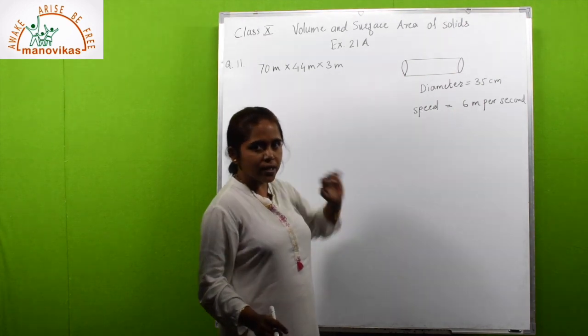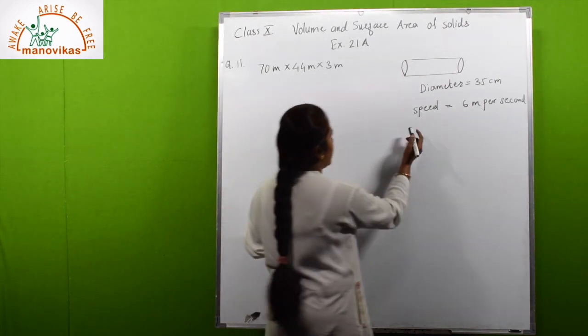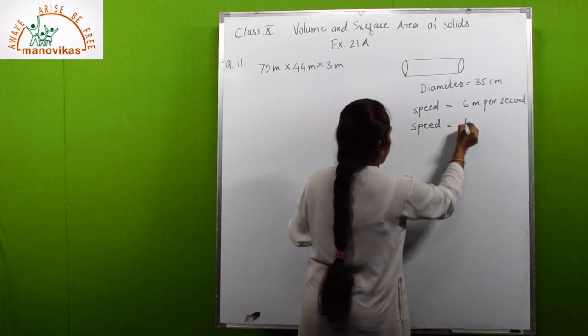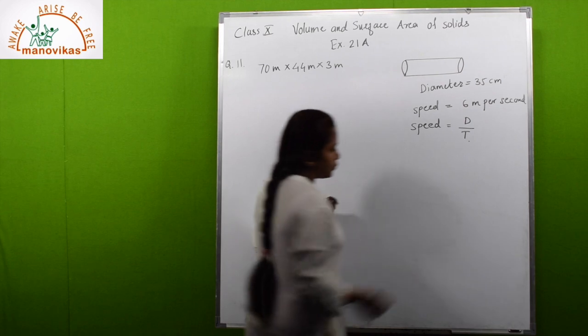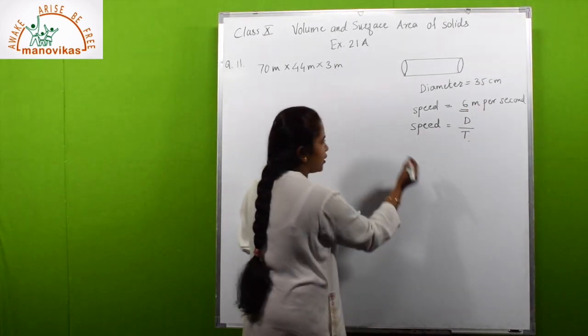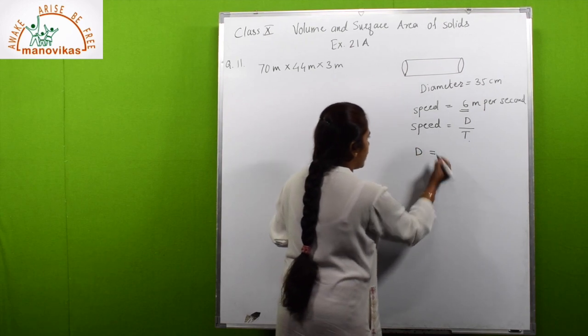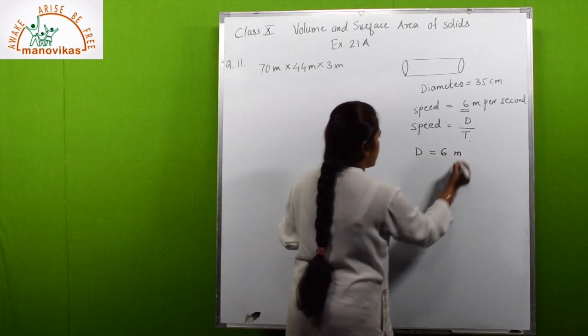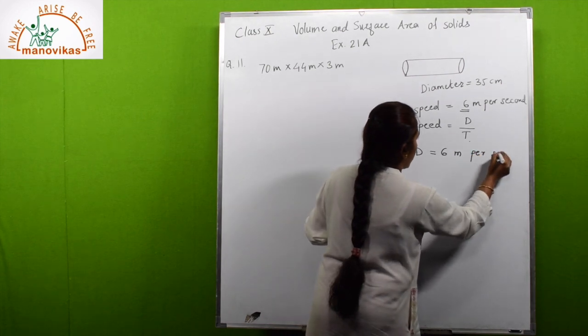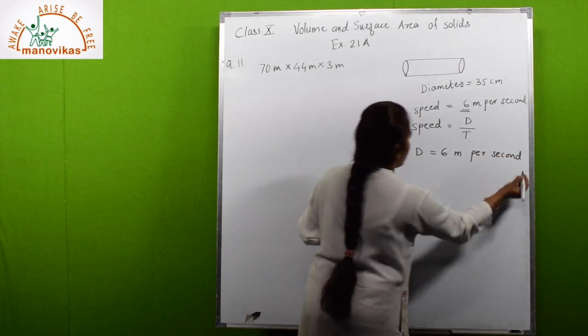Now when the speed is given, speed is nothing but distance upon time. Whatever measurement is given, 6 meter, we have to consider as the distance, that is 6 meter per second. Time is given as 1 second.